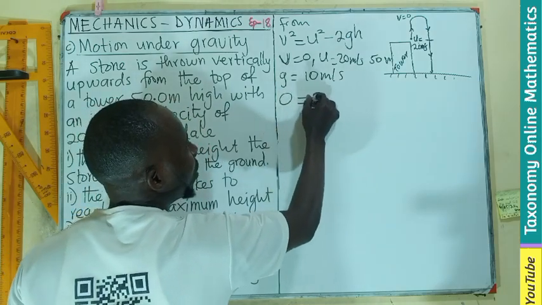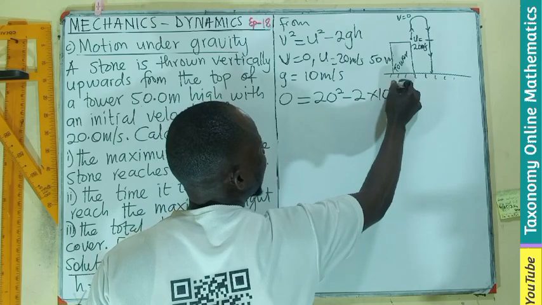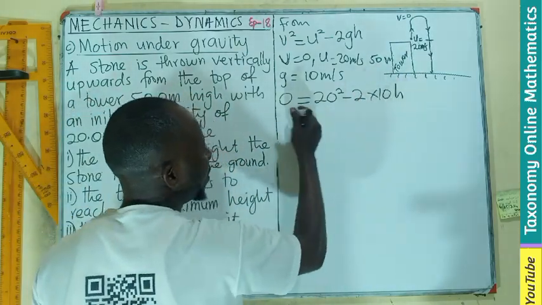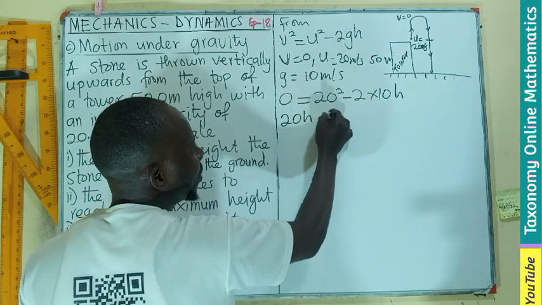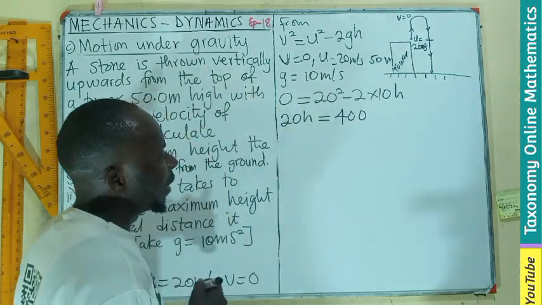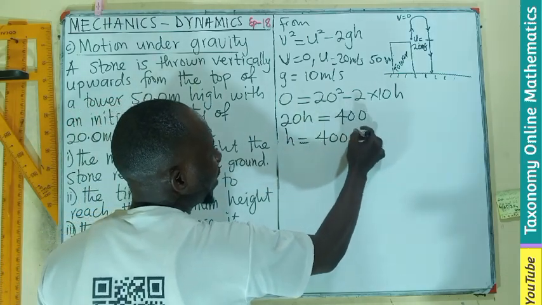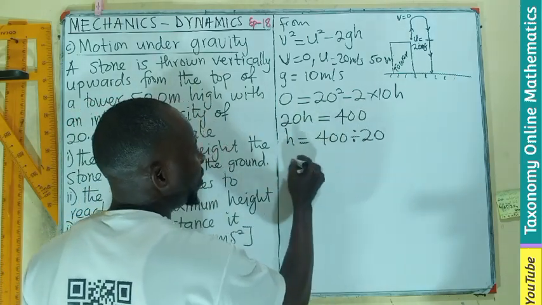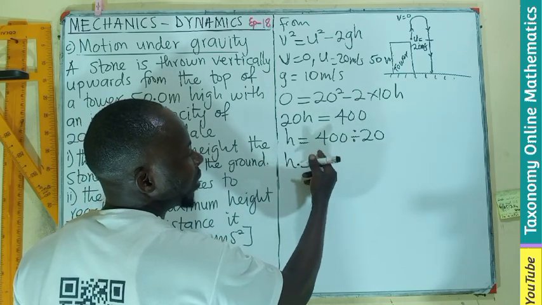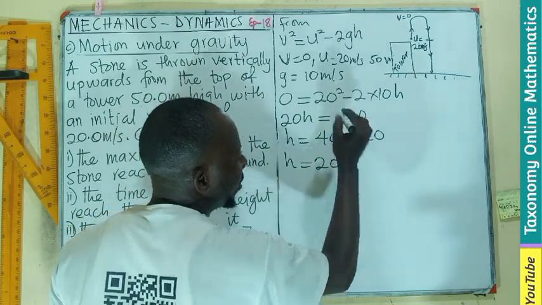So 0 equals 20 squared minus 2 times 10 times h. Fast forward, this becomes 20h equals 400. So h becomes 400 divided by 20, which gives 20 meters.